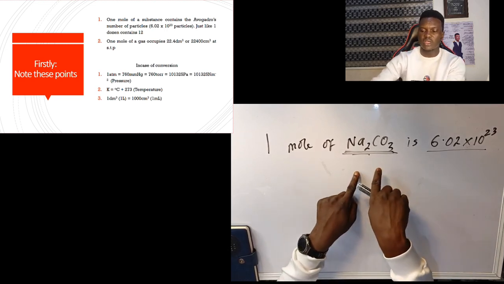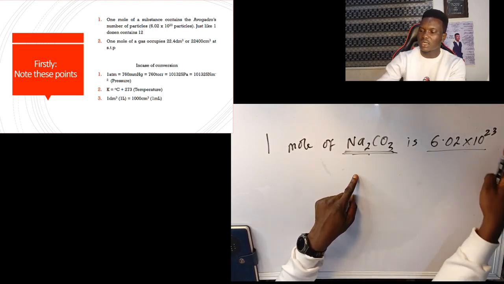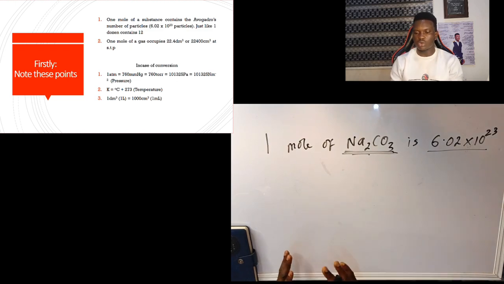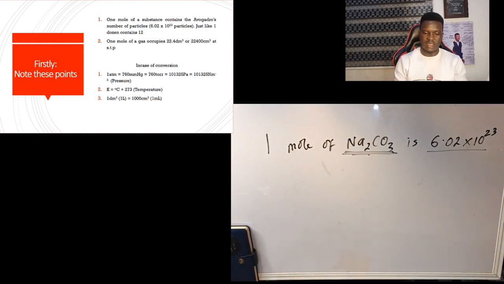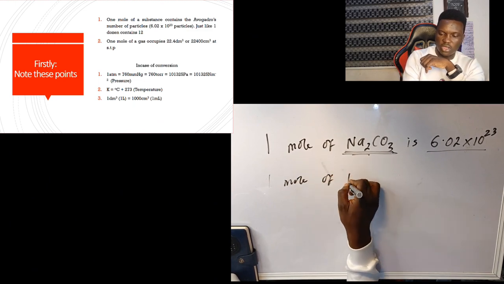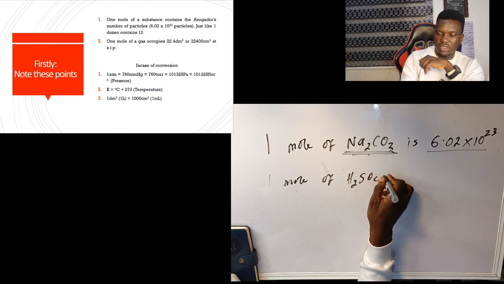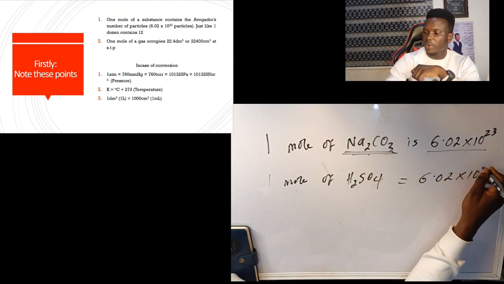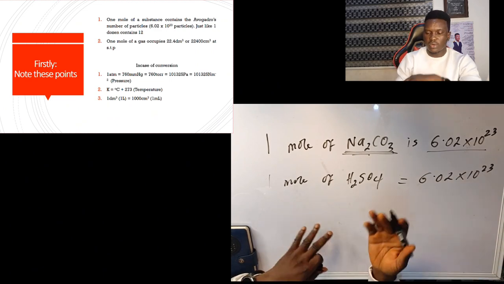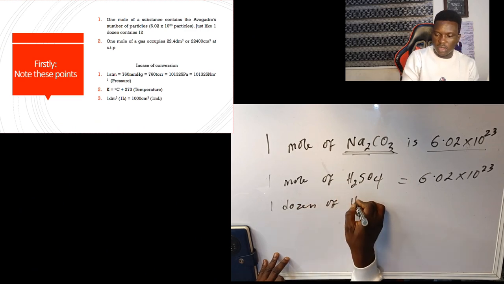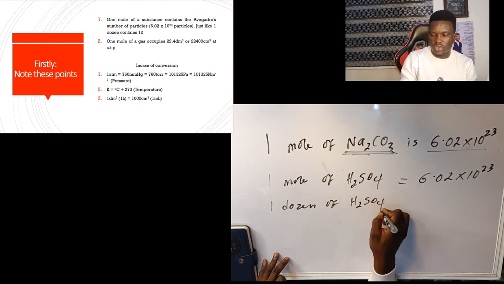So 1 mole of Na2CO3 contains Avogadro's number. This is called Avogadro's number. So 1 mole of any substance, if I say 1 mole of H2SO4, that means it contains 6.02 times 10 raised to power 23 H2SO4. For example, if I say I have 1 dozen of H2SO4, so what do you think that means?